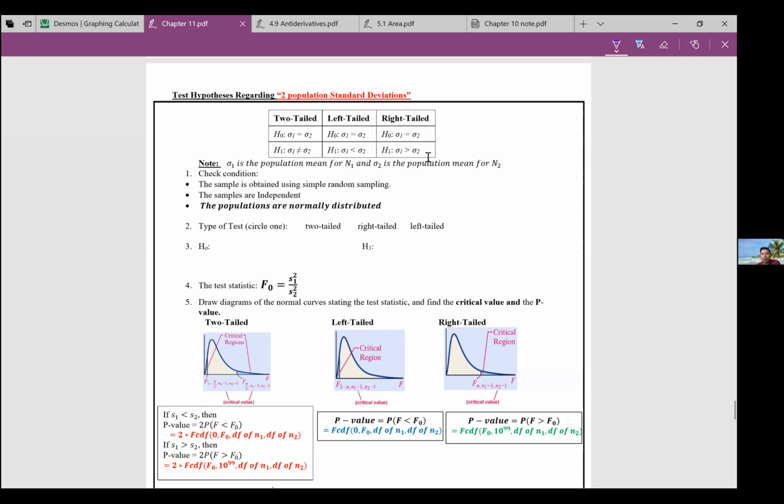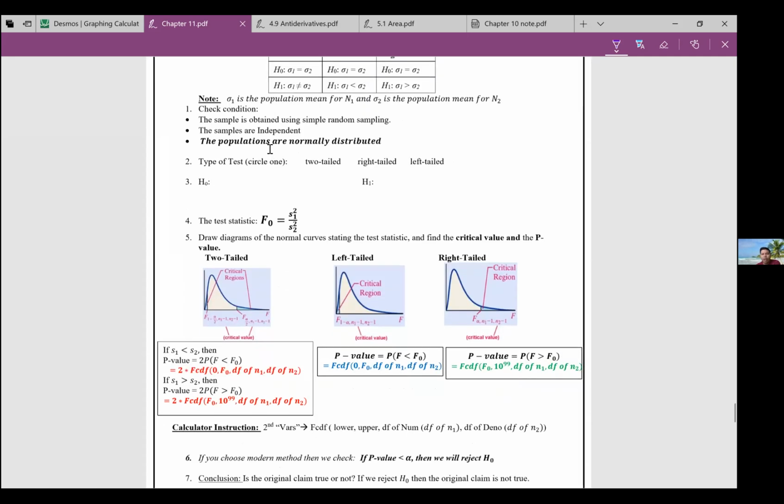Those are the three scenarios we always face throughout the past week. The only condition is that the populations are normally distributed, and that's the only one to check for. Circle the claim: two tail, right tail, left tail, and write out the null hypothesis and the alternate hypothesis.